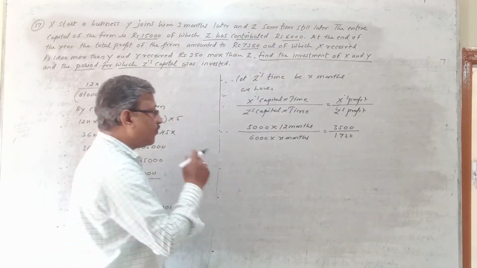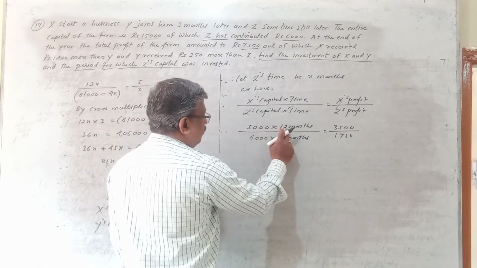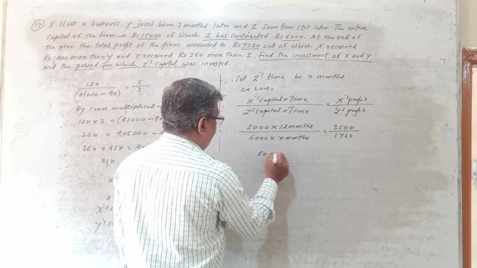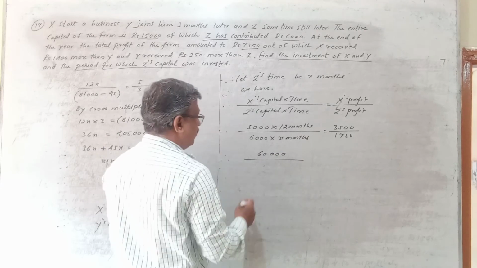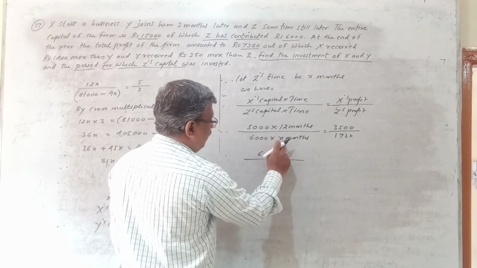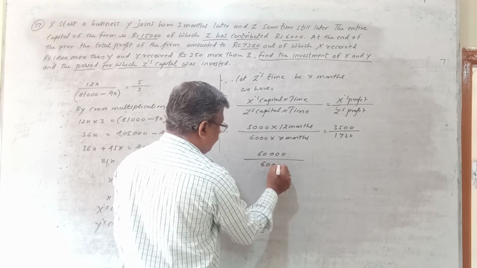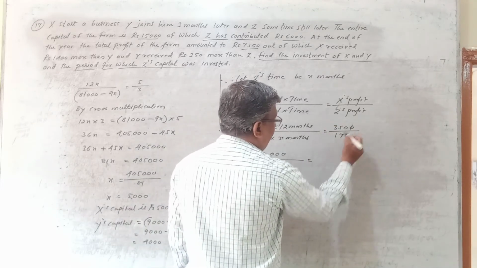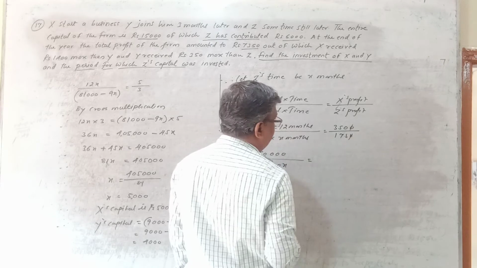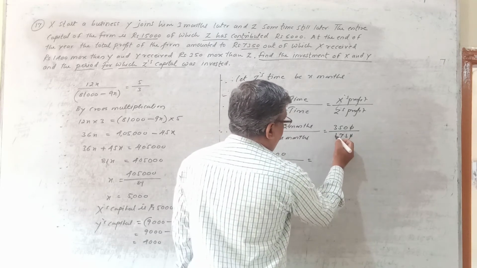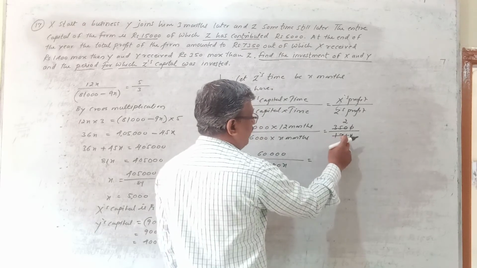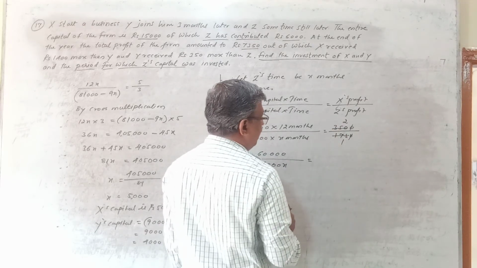Now multiply this 5,000 by 12 months. So 12 fives are 60, it comes to 60,000 divided by 6,000 X. On the other side we can also divide this. So 175 ones are 175, 175 twos are 350.